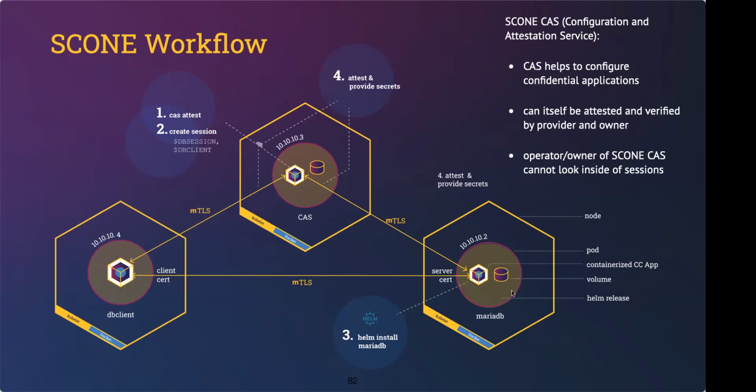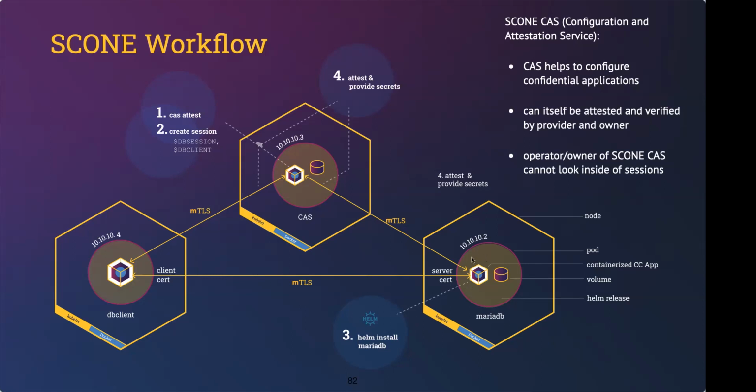And so what we have in the system is what we call a configuration attestation service, CAS. So when MariaDB is started, in Kubernetes, this could be done with a Helm chart. So it's a deployment manager where you can say Helm install MariaDB, and then it installs it on some Kubernetes node.